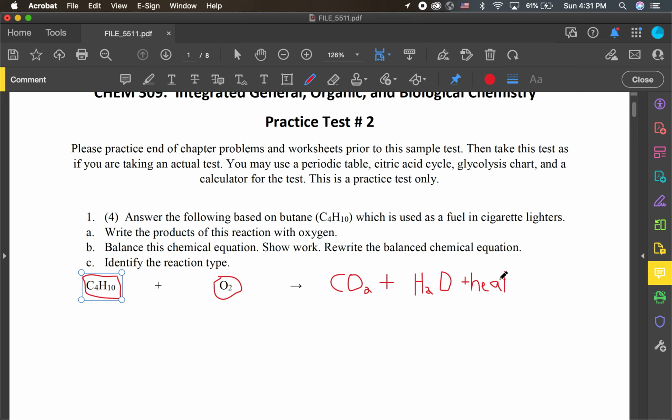Any combustion reaction is going to have this on the other side, and then we're going to balance it for part two. So the answer to this one is combustion.